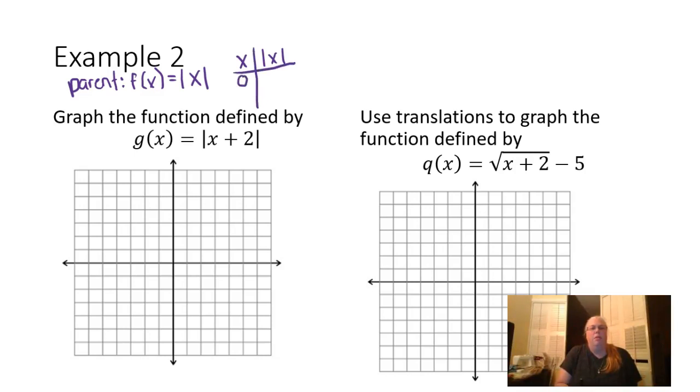When I put 0 in for x, the absolute value of x is 0. When I put negative 1 in for x, the absolute value of negative 1 is positive 1. And when I put in positive 1 for x, the absolute value of positive 1 is positive 1. So my parent function is going to have a point here at 0, 0, a point here at 1, 1, and a point here at negative 1, positive 1. And our picture is going to do something like this right here.